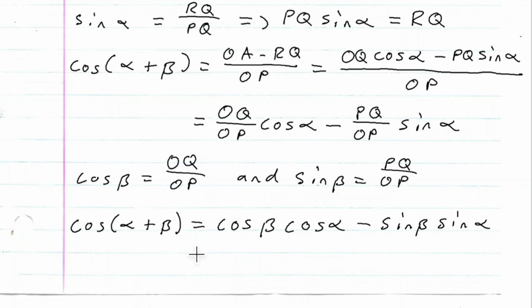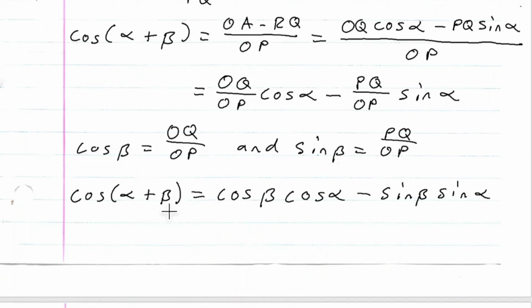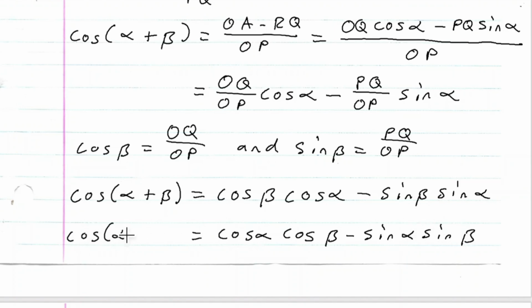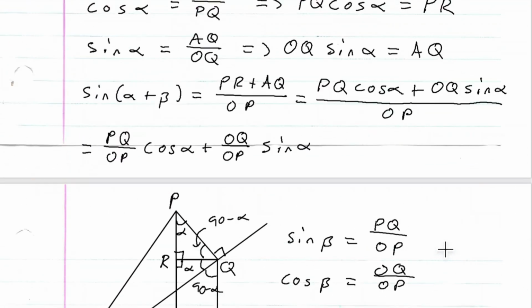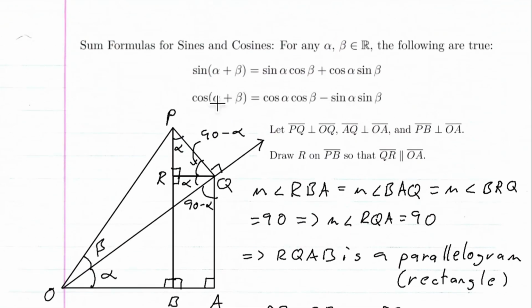Then, of course, we can rewrite this as cosine alpha cosine beta minus sine alpha sine beta. So we have cosine of alpha plus beta is equal to cosine alpha cosine beta minus sine alpha sine beta. And that is exactly what we were looking for. So we have proven the sum formulas for sines and cosines.